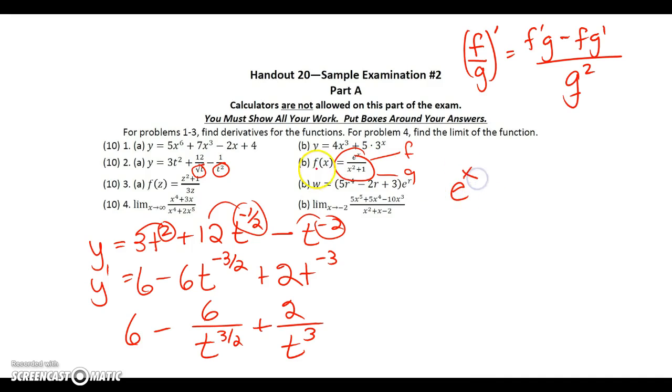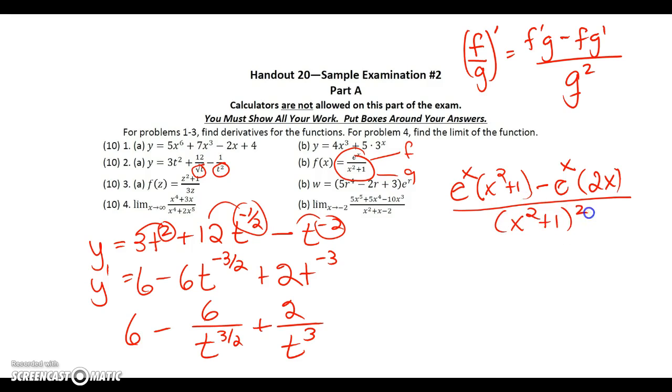So e to the x times g, x squared plus 1, minus f, e to the x, times the derivative of g, which is just 2x, all over g squared, x squared plus 1 squared.